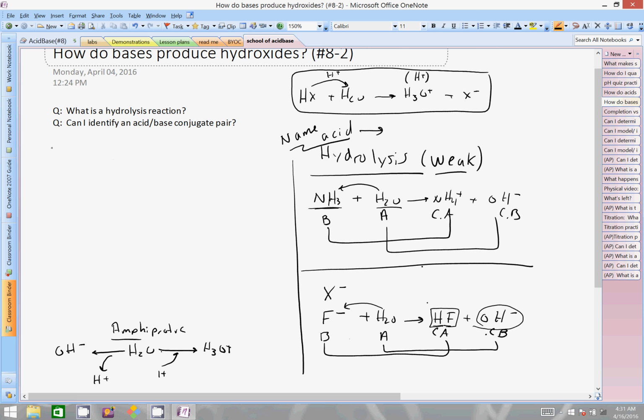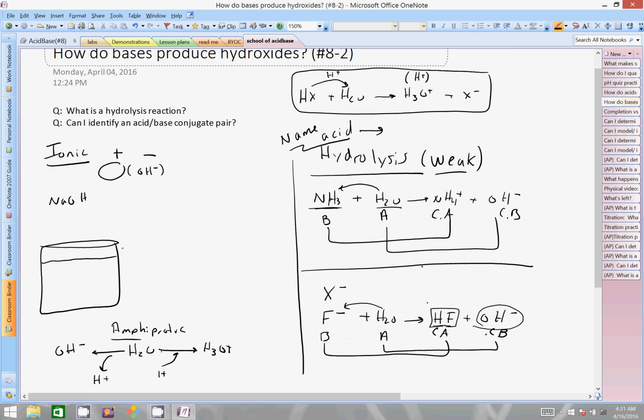They are just simply ionic, which means we have a cation and an anion. Specifically, that anion is hydroxide, and the cation can vary. For example, NaOH is a very common ionic hydroxide. When we dissolve NaOH, we just get two ions floating around separately, Na plus ions and hydroxide negative ions.